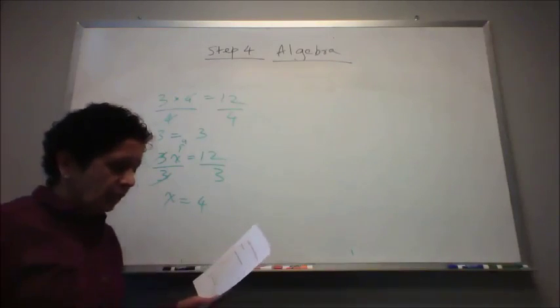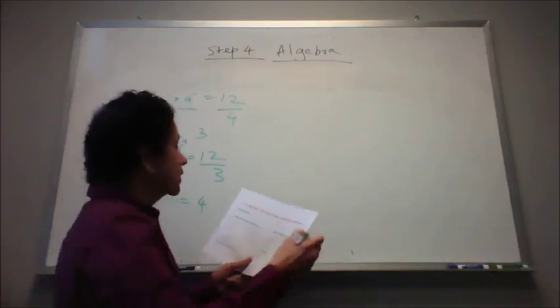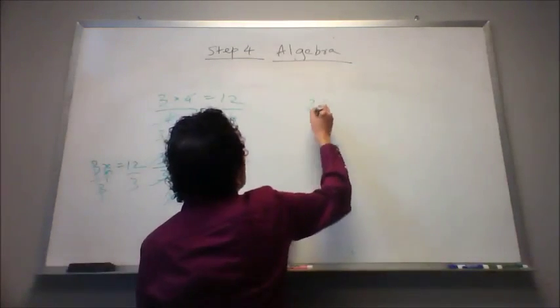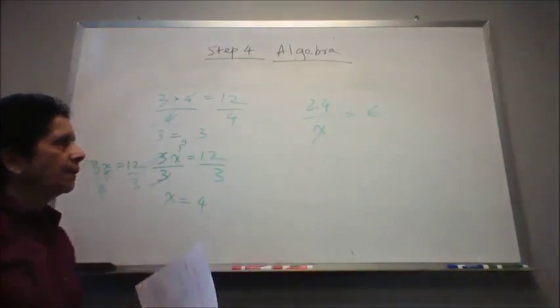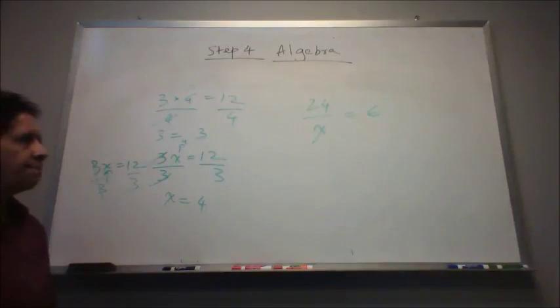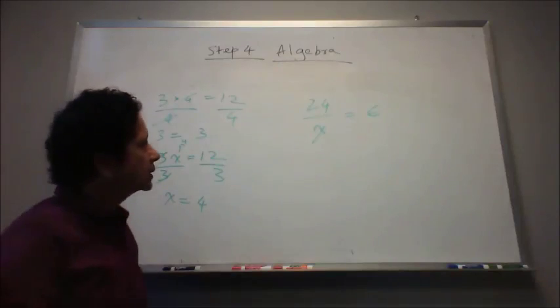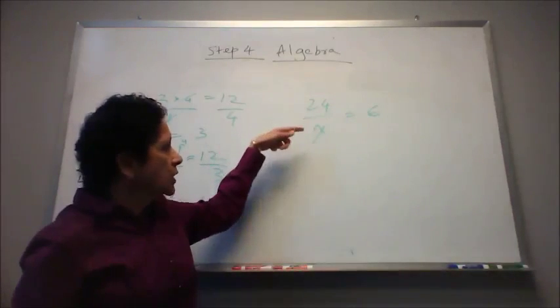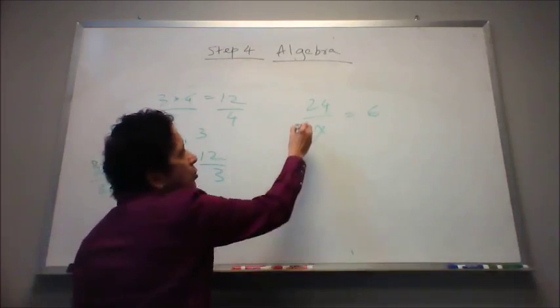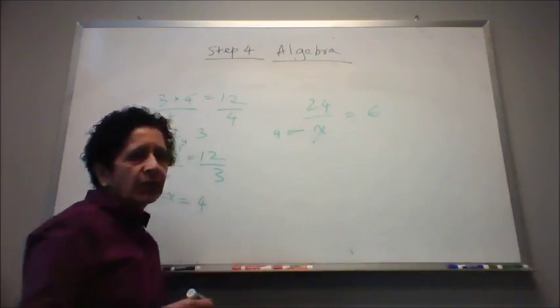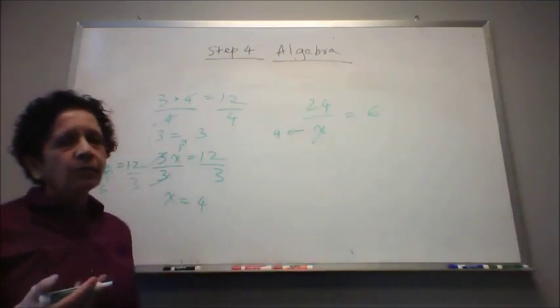And similarly, when you have a division, for example, let's say 24 divided by x equals 6. Okay, then you want to know what x is. Common sense, 24 divided by 4 is 6, so the answer should be 4, right? Now, how do I do this?